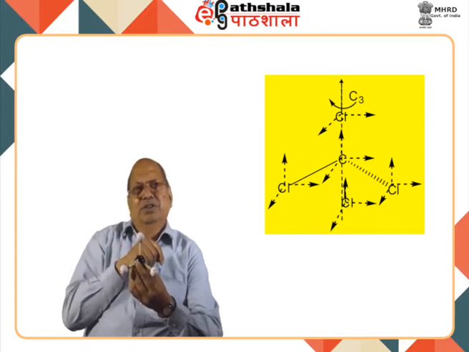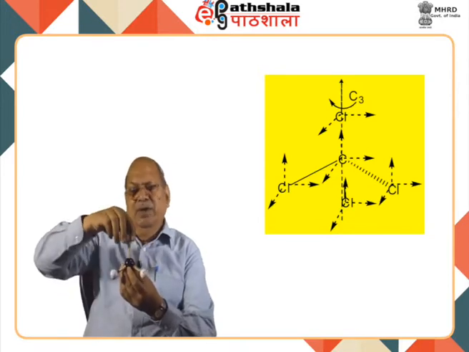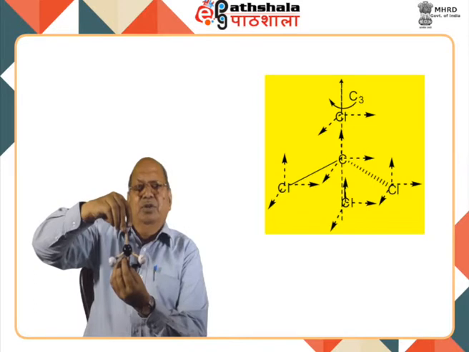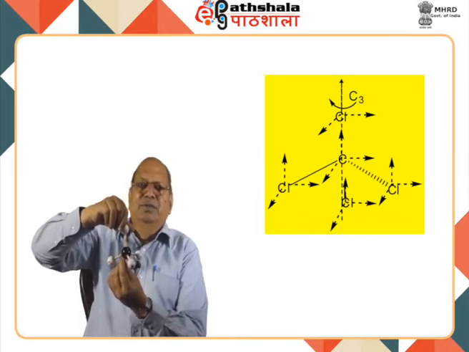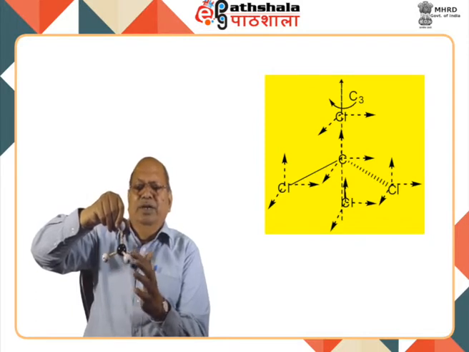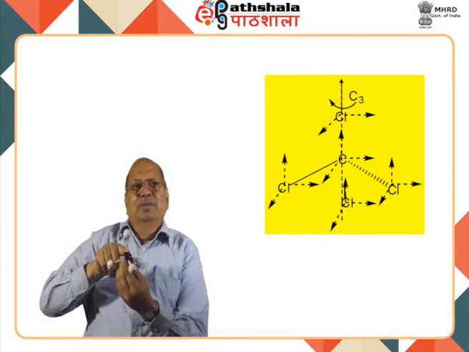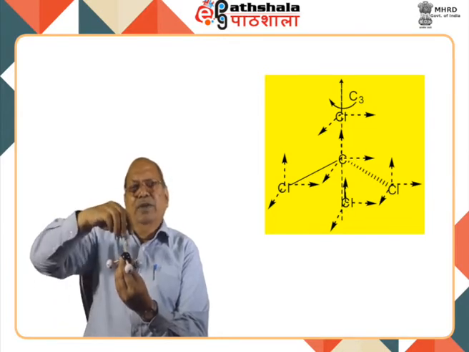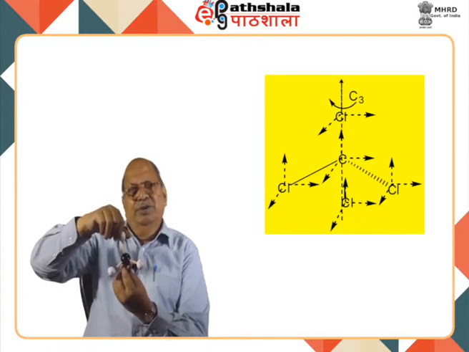Now I will see how atoms are shifted. If I perform the C3 operation on this molecule like this, how many atoms are shifted? Only these and these are shifted. This and this do not shift. So if I carry out the C3 operation, only 2 atoms are not shifted.